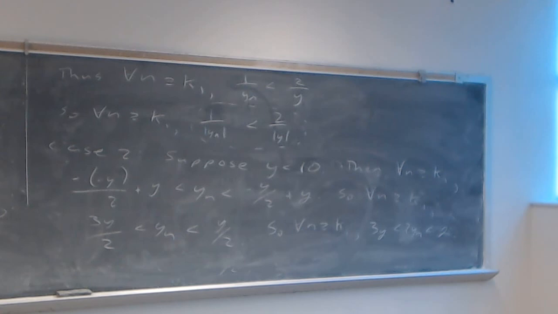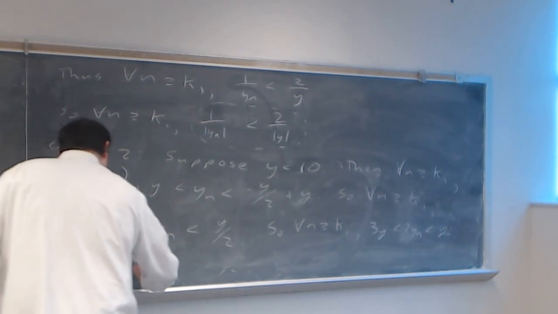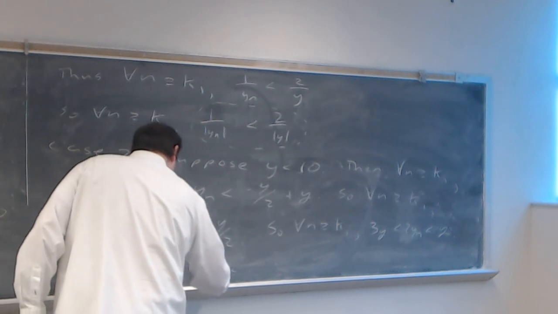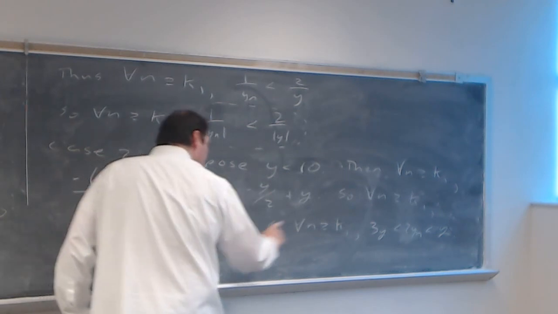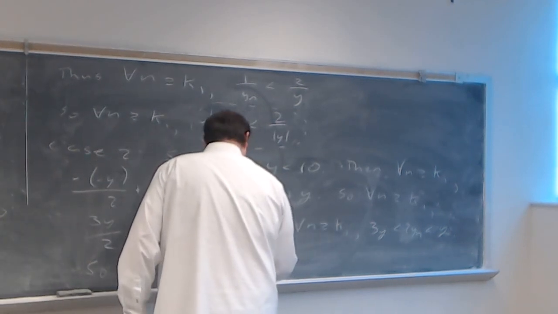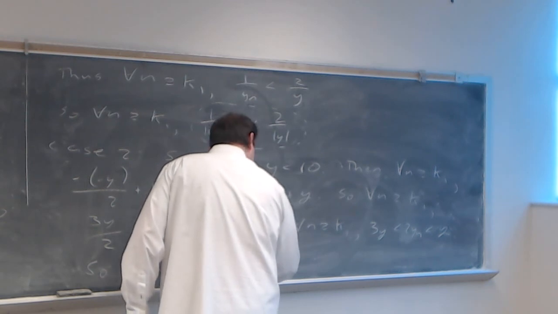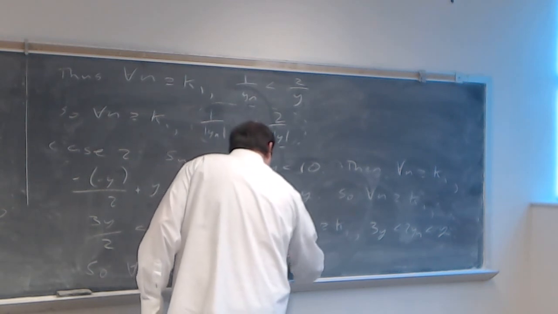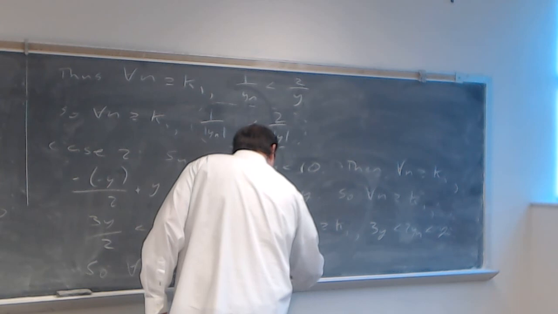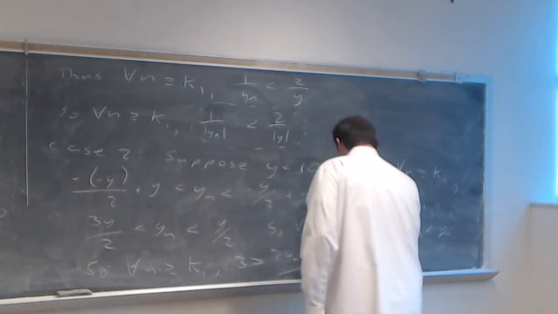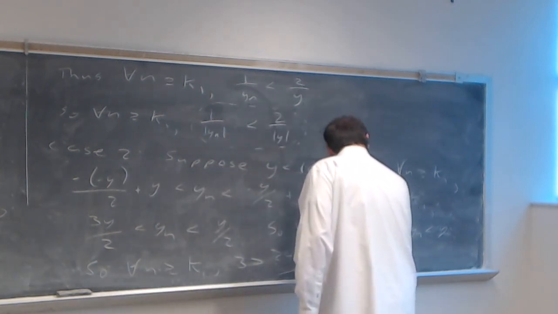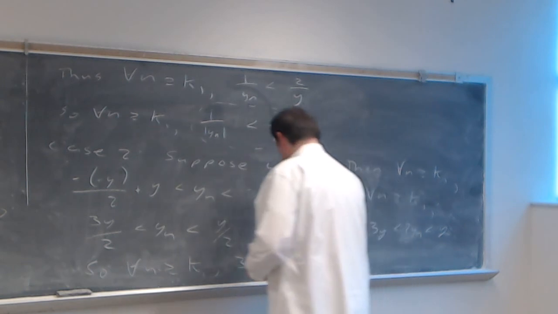Beforehand, y was positive, so I didn't have to worry about flipping the inequality. So for all n bigger than or equal to k sub 1, dividing by y, this would say 3 is bigger than 2 y sub n over y, which is going to be bigger than 1.